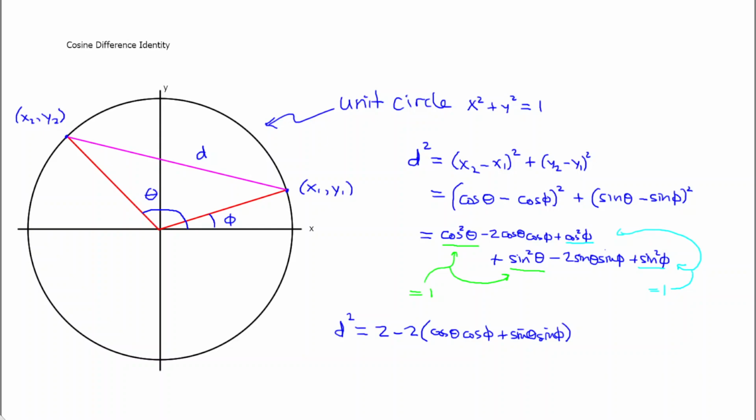So we're going to leave that as it is, but next what we're going to do is consider the same thing, but with the triangle you see in the picture rotated clockwise by an angle phi.